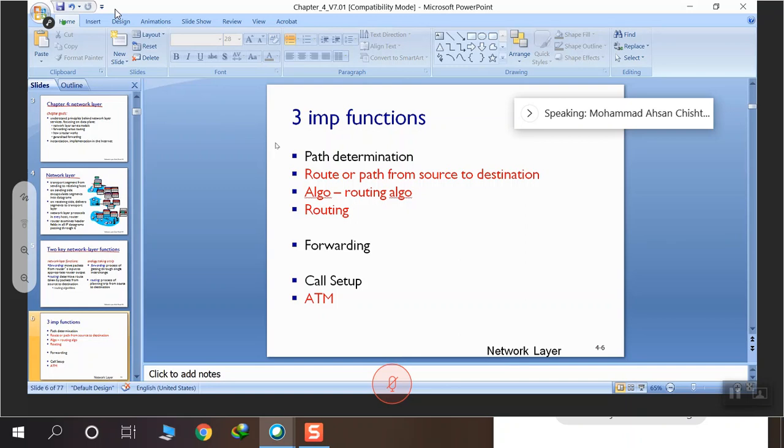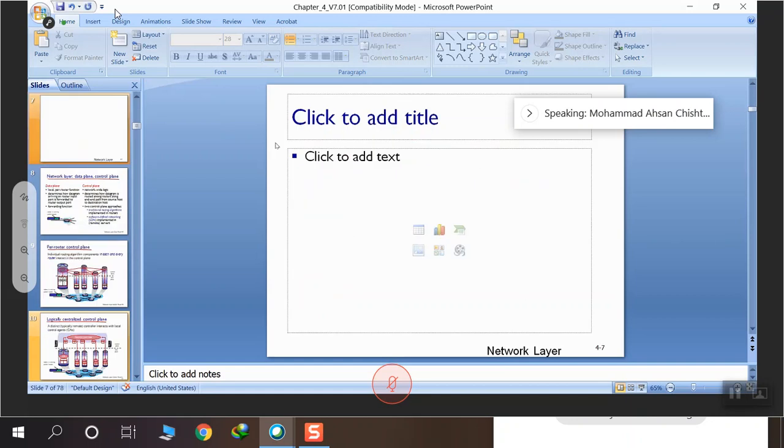Source and destination do a handshake with each other in order to set up this virtual circuit link. Once this call setup is done, then all the packets would pass through it. However, the network layer of the internet does not perform such call setup. So these are the three important functions that we see in the network layer.